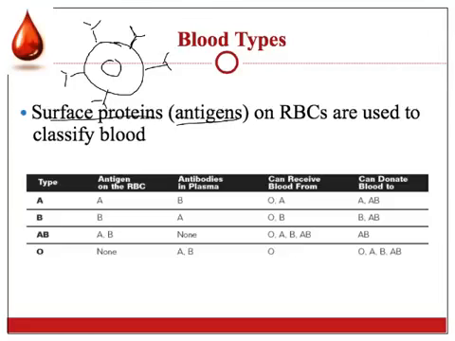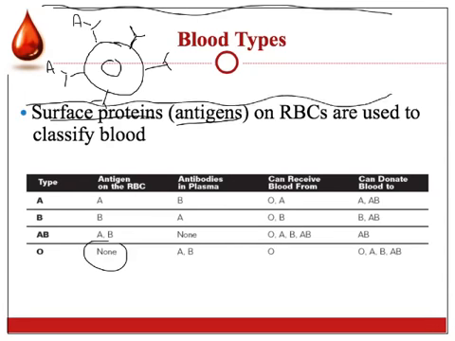If you have A antigens on your surface, then you have A-type blood. If you have B, you have B-type blood. If you have A and B, you're blood type AB. And if you have none of them, you're blood type O. So that's your red blood cells. But also, remember, in your blood, we also have antibodies. Antibodies are a type of protein.